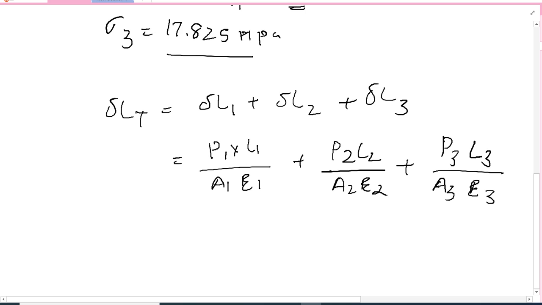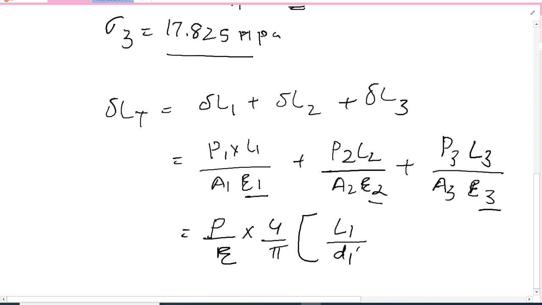Now here, as P1 equals P2 equals P3, and all three sections are made up of the same material, that's why E1 equals E2 equals E3. So we can take out P by E common, and area is pi by 4 d square, so that means 4 by pi we can take common, and we can write here L1 upon d1 square plus L2 upon d2 square plus L3 upon d3 square.